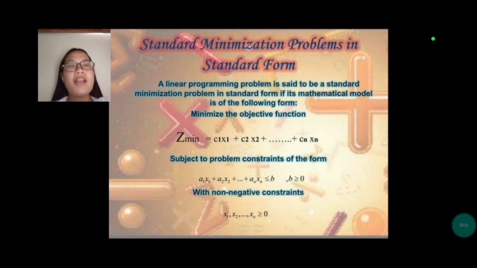So, another is the standard minimization problem or standard form.